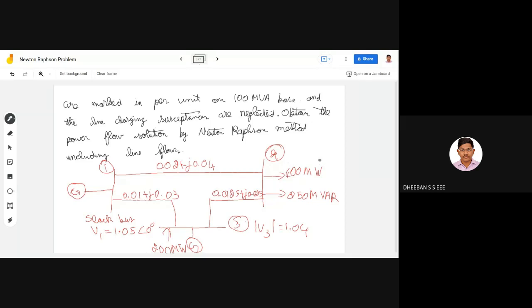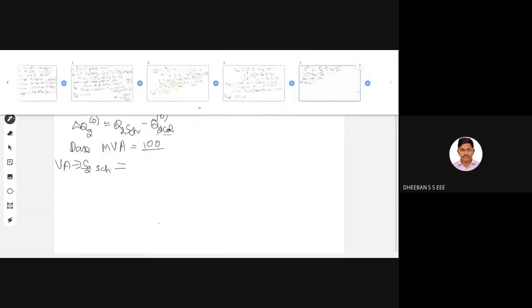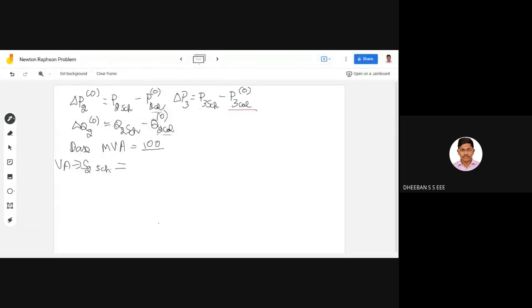So your S2 you just directly apply: minus of 400 plus J 250 divided by 100. So with this formula, you can arrive at your S2 schedule.